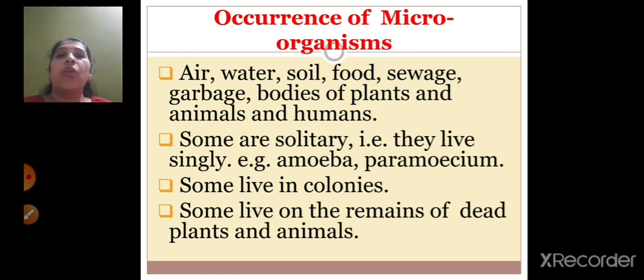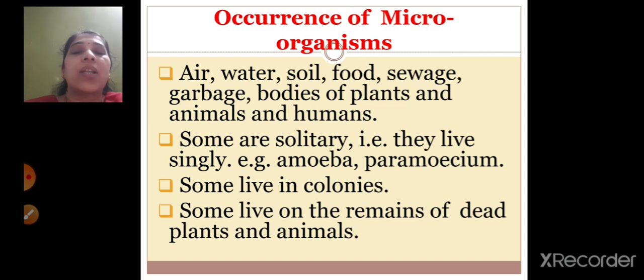Which are the four main parts? First is the cell wall, second is the cell membrane or the plasma membrane, third is the cytoplasm, and fourth is the cell organelles. We saw each and every part in detail, right? Then we saw about the cell organelles, their function and what work they do.